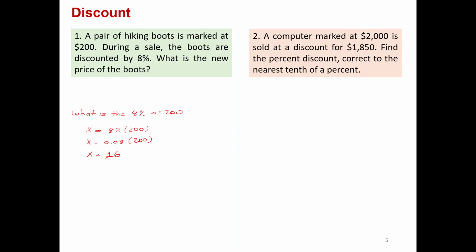Now we know the new price will be, because it's a discount, the original price minus the discount, which is 16. And the new price will be 200 minus 16, finally 184. So it's 184.